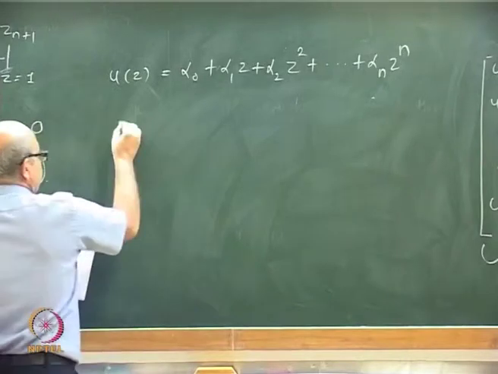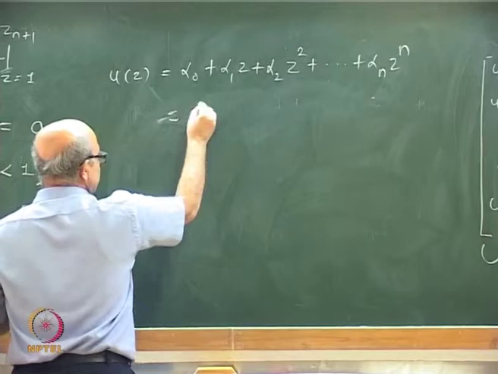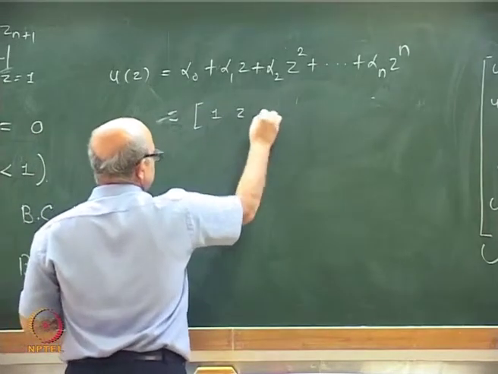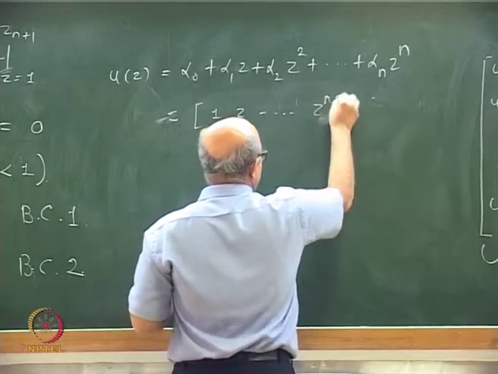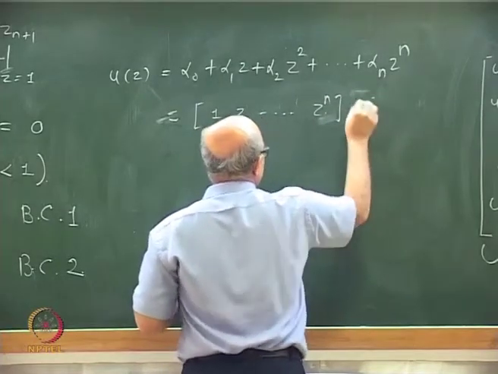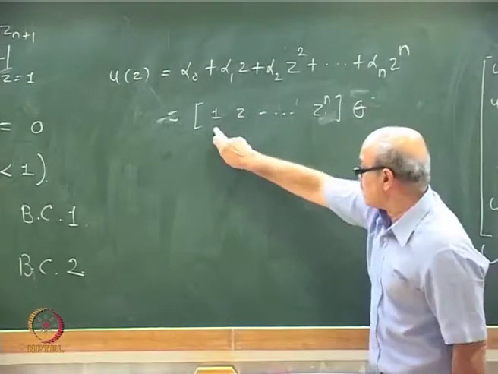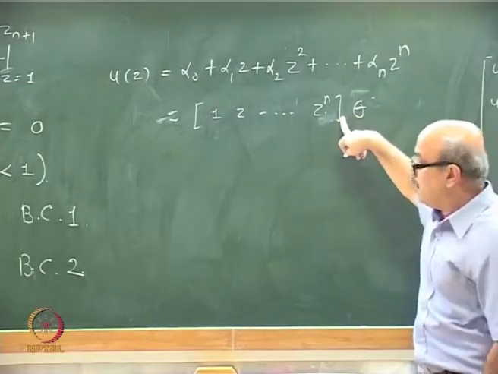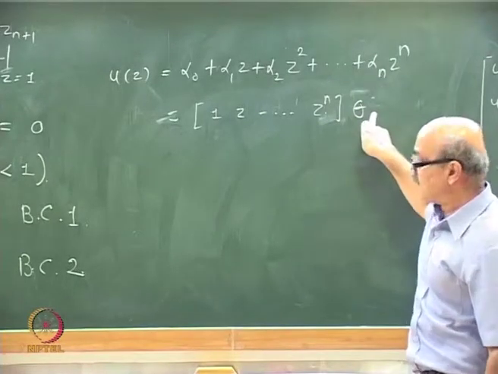We wrote u as 1, z, up to z to the power n, times theta. We wrote this as an inner product of two vectors. One vector is 1 to zn, times theta. What is the theta vector?